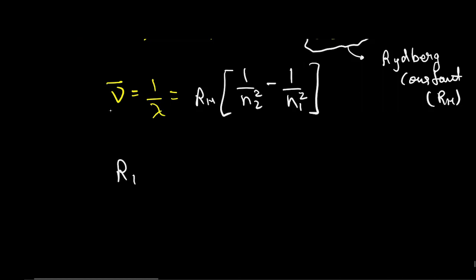The value of this Rydberg constant comes out to be 1.091 multiplied by 10 raised to the power 7 meter inverse, as its units are the units of the wave number.